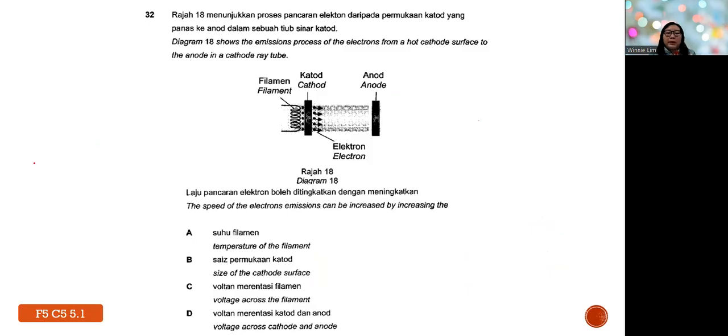32. Diagram 18 shows the emission process of electrons from a hot cathode surface to the anode in a cathode ray tube. The speed of the electron emission can be increased by... they want to increase the speed, not the number. The speed is affected by the voltage in between, which we also call the extra high tension power, between cathode and anode.